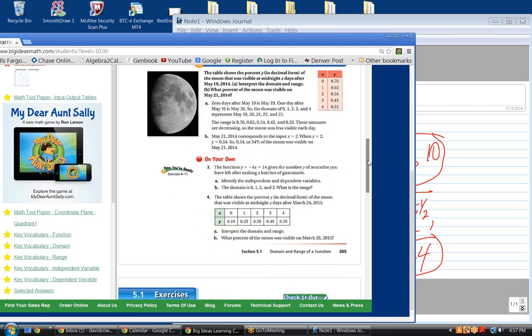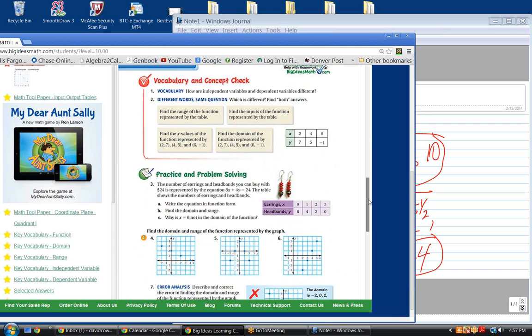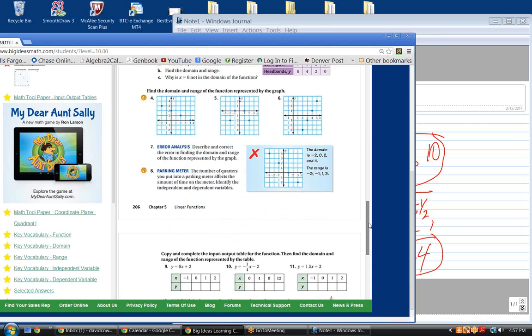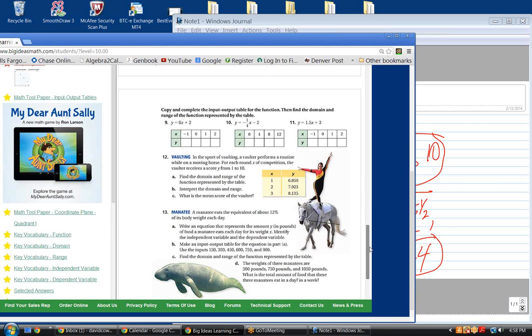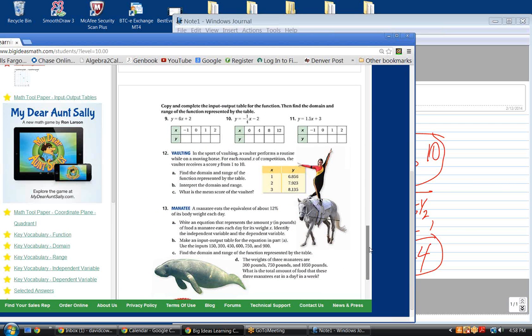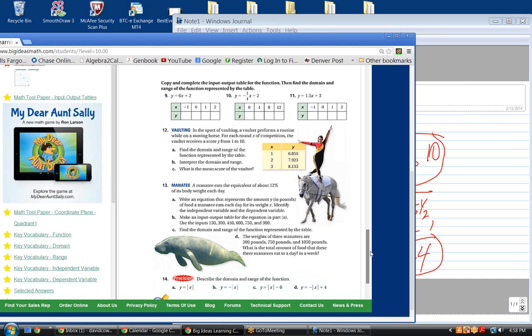They're going to stay on these tables the whole way here. Number 12. I know you know how to do 9, 10, and 11, right? What's the domain on 9? -1, 0, 1, and 2.